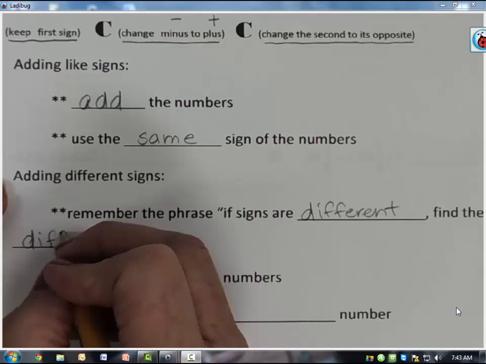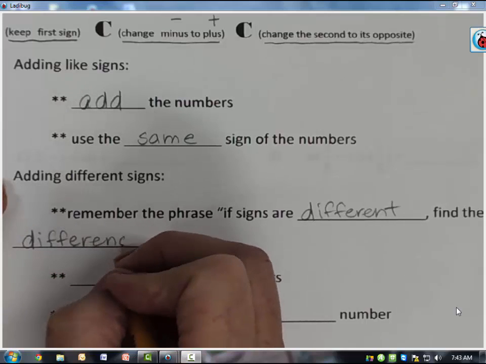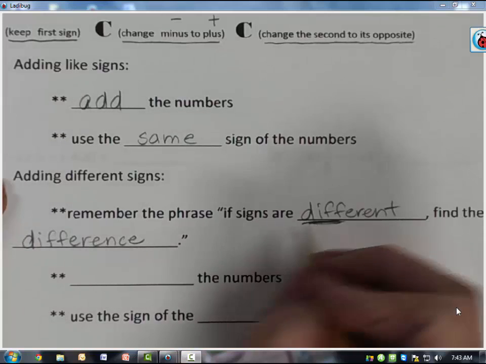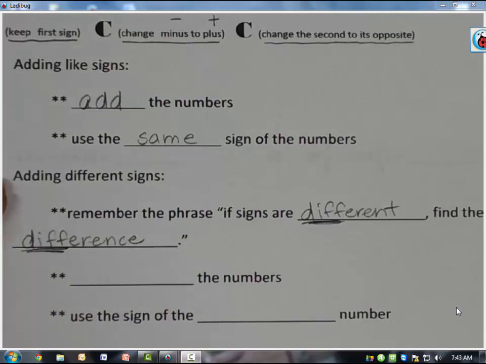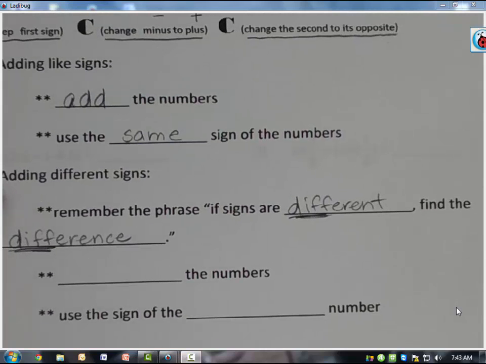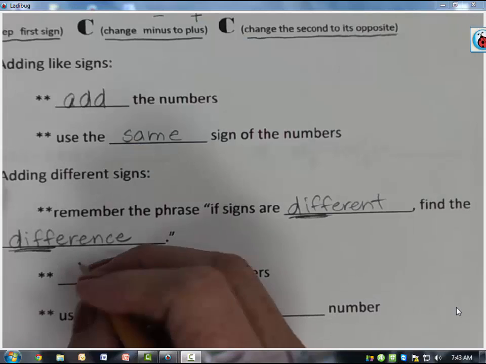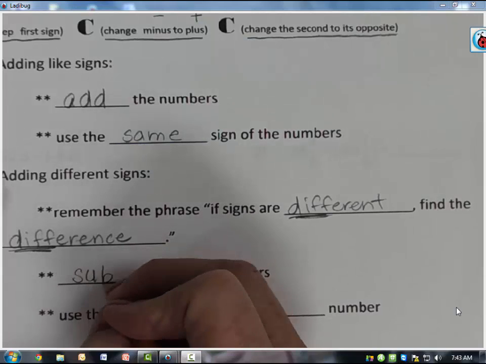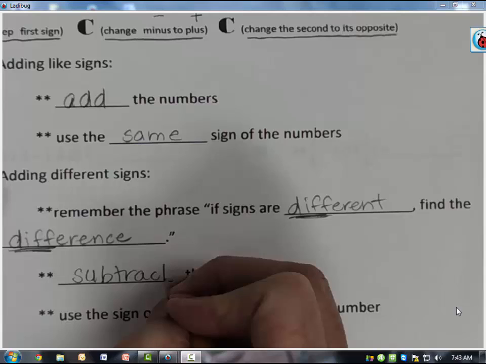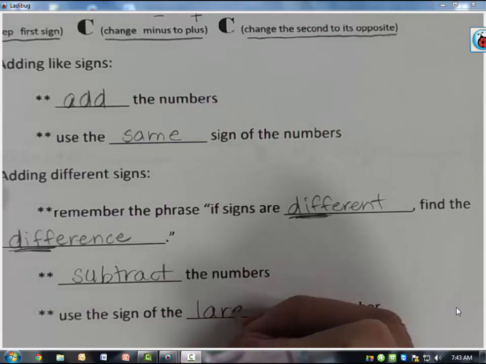That means you subtract the numbers and use the sign of the larger number.